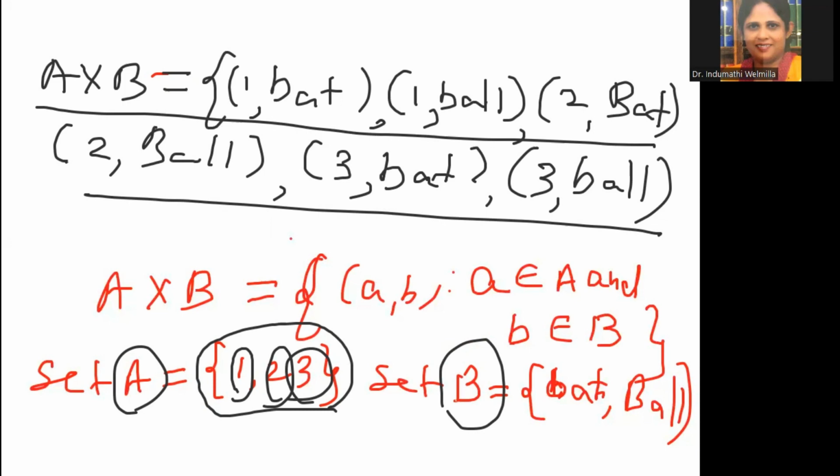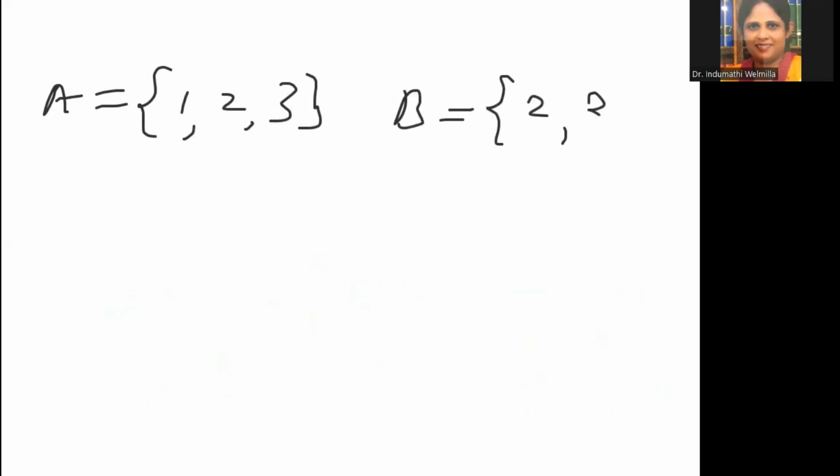And also another important thing is difference of set. So if set A and set B are two sets, then set A difference set B is a set which has elements of A but no elements of B. It is denoted as A minus B. Okay, as an example, if A equal 1, 2, 3, and if B equal 2, 3, 4, then A minus B set is equal to what?